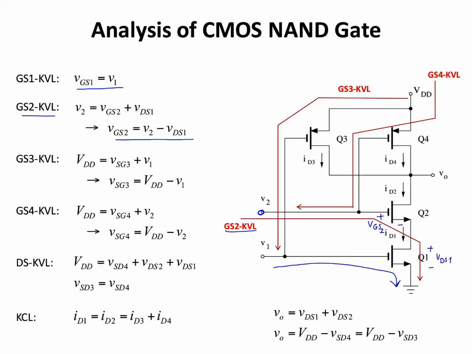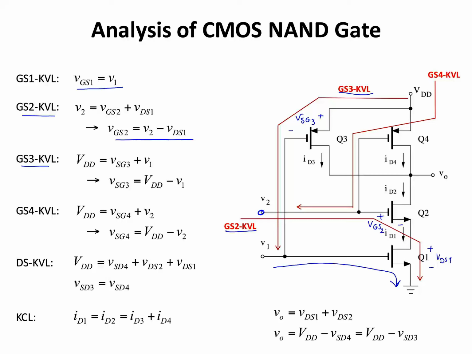For transistor 3, VDD equals VSG3 plus V1.